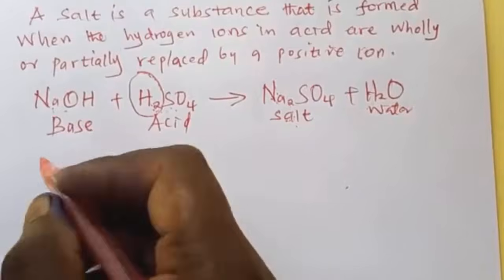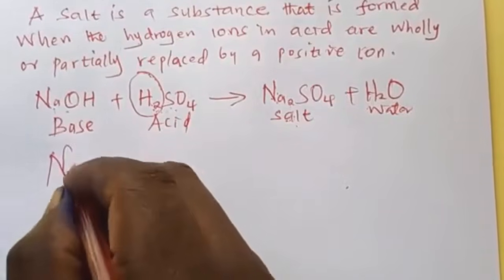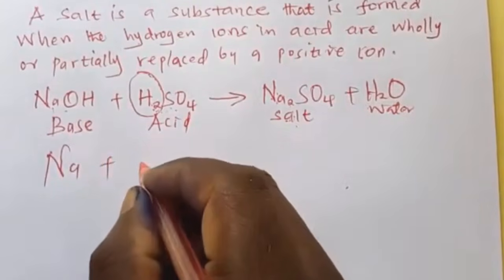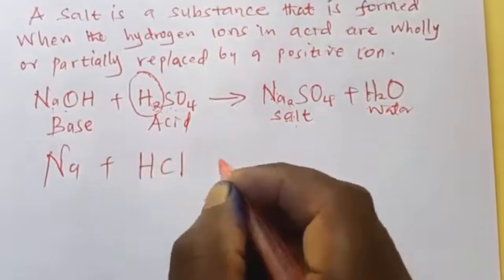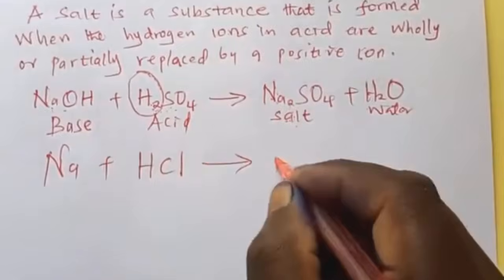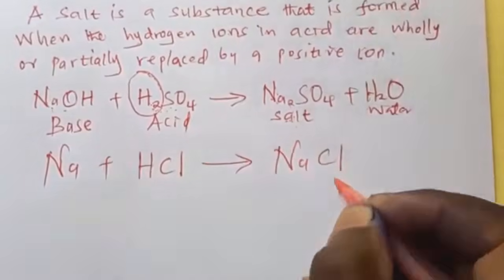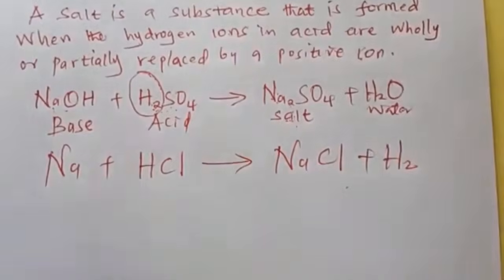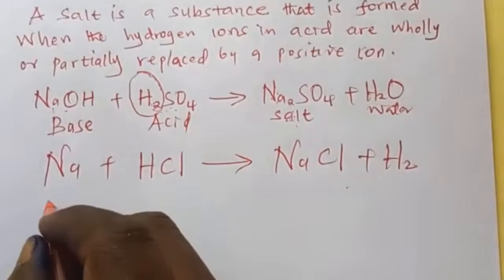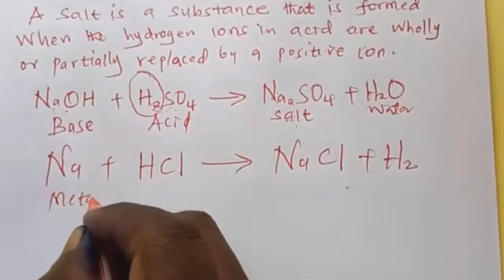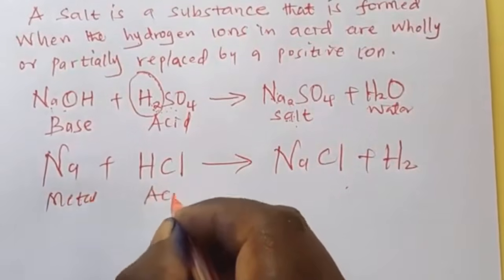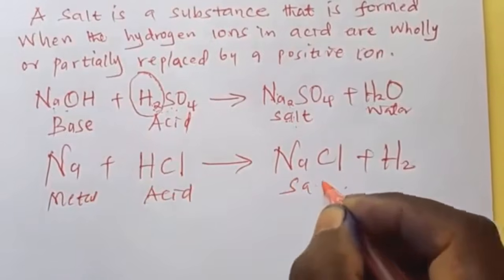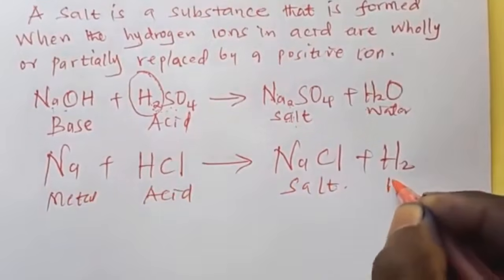Very correct. Even take an example, even a metal: sodium plus HCl. What do we form? We form sodium chloride. This is a metal, this one is an acid, this one is a salt, and this one is hydrogen gas.